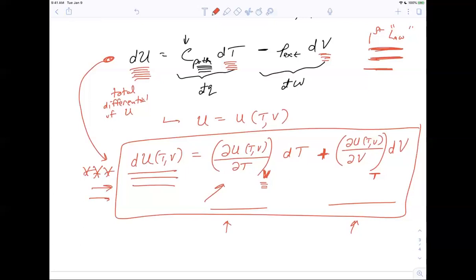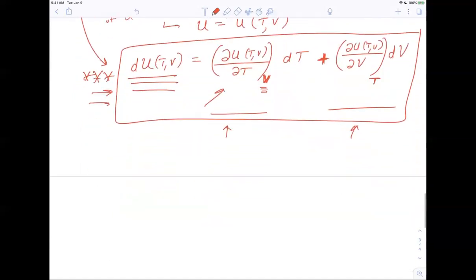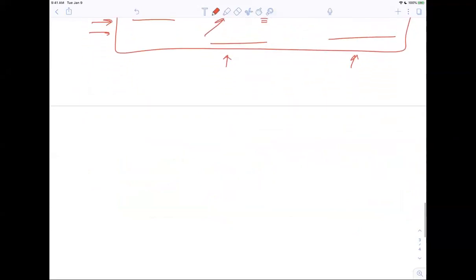Okay, great. So before I do that, I just want to go through some constraints. We'll get to the Joule expansion in a moment. Constraints are going to be very important in this course, okay?